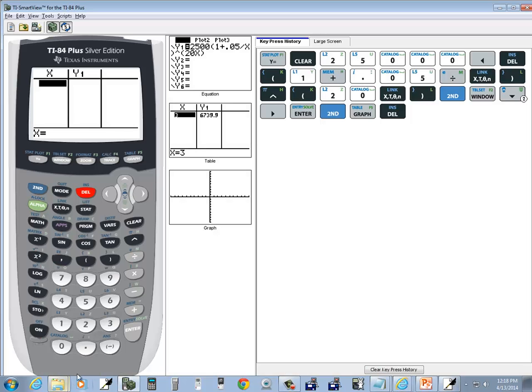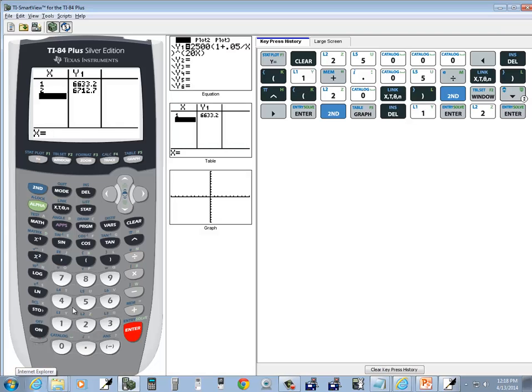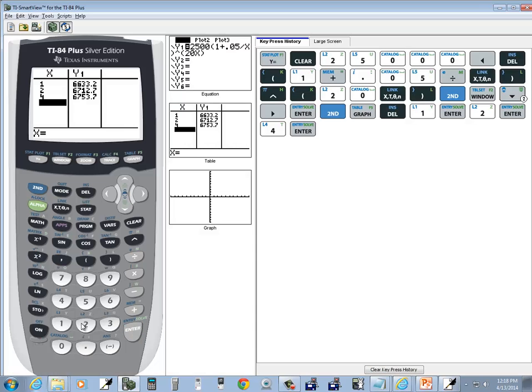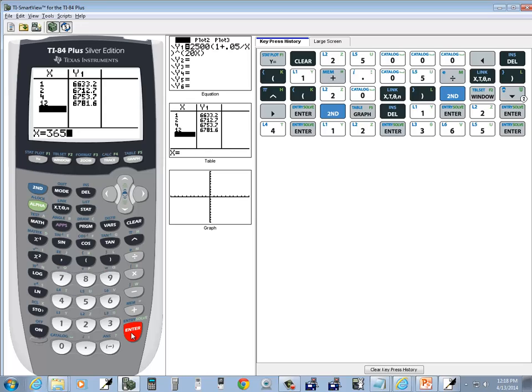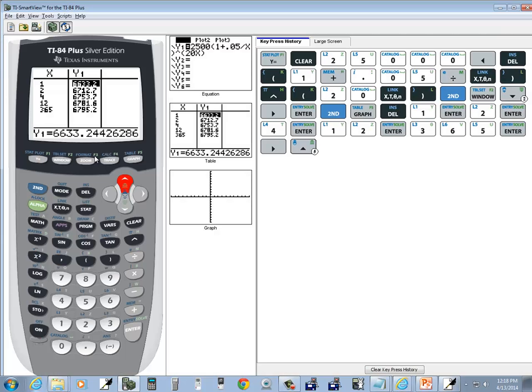So on our table, we'll put 1 in, press enter, 2 enter, 4 enter, I'm just putting all my different N's, 12 enter, 365 enter. Now I'm going to right arrow over because I want to get the 2 decimal places. So I'm going to scroll up to my first one, and that's 6,633.24.